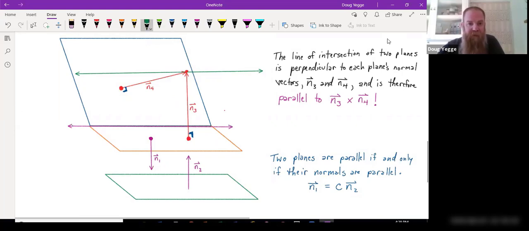So if I think of N3 cross N4 as being this cross product right here between the two vectors, then I could see that the line of intersection, which we could call L, is parallel to that cross product. That's just something pretty interesting, so we can actually use that in this next example.